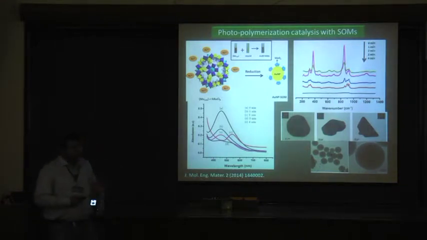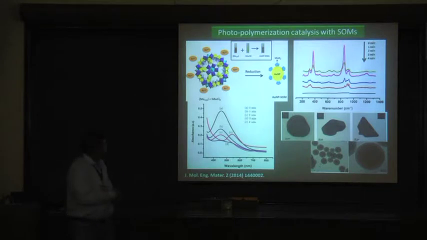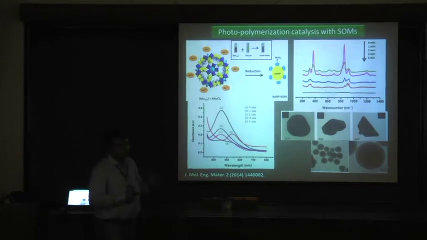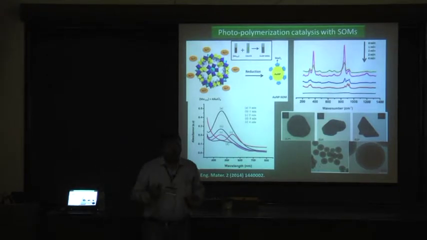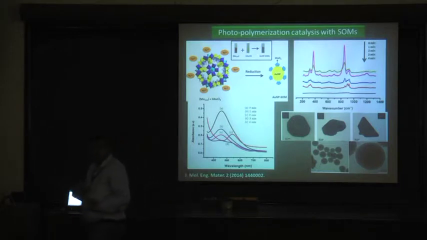Why did we do that? Because this way we have generated a photoactive center. We of course monitored its formation from UV-Vis and from Raman spectroscopy, and we found that we are getting this type of anisotropic gold particles coronated with the oxometalates, which could be potential catalysts because they are photoactive. Then we used these as a catalyst and loaded styrene into the system.